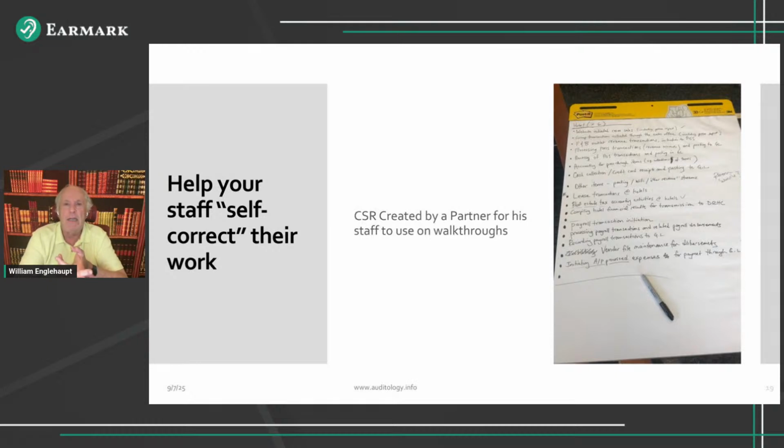This is a real estate trust that they were auditing. And there's 6 of them. And so we have to have all 6 done the same way. And if I'm setting this audit up from the front end, what are the things that I'm looking for in your work papers, in addition to just filling in the blanks and so forth on the audit program? And this was the grocery list of items on the list, right?